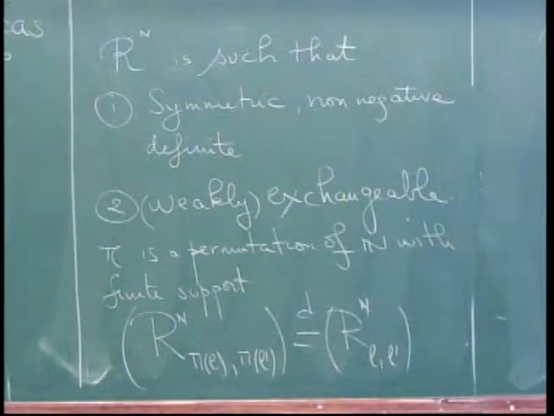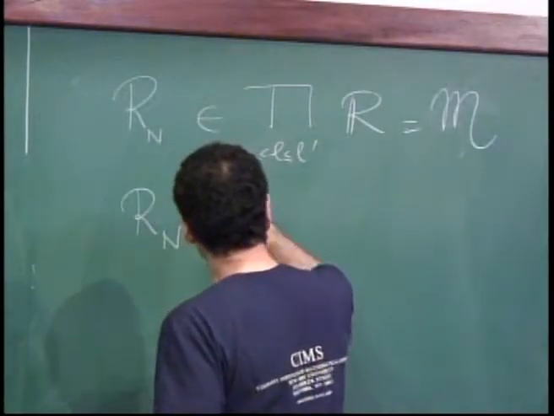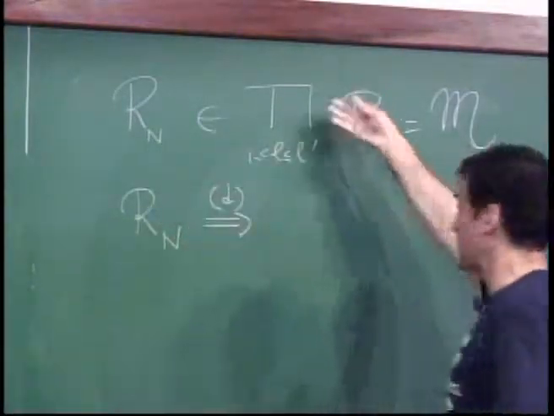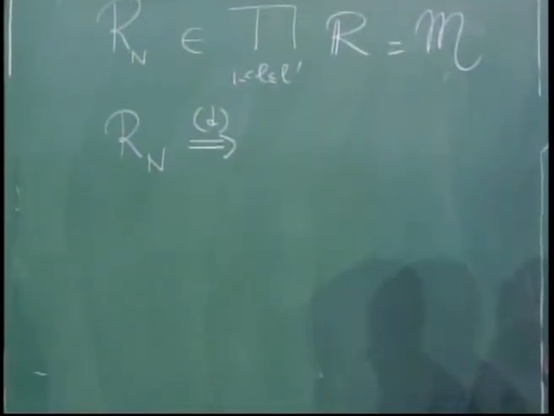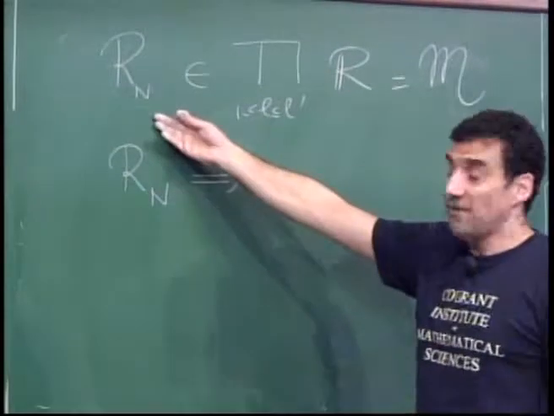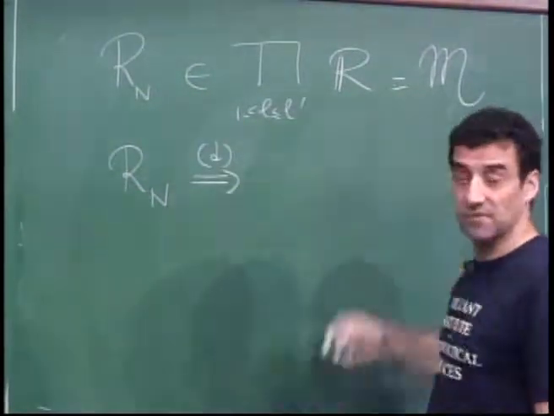Now this space is fixed, doesn't depend on n. And so if we could prove that this Rn converges to something in distribution, this space I endow with the natural topology I just mentioned, and then I have a Borel space and a Borel structure. So Rn in fact defines, the law of Rn is a probability measure on this.